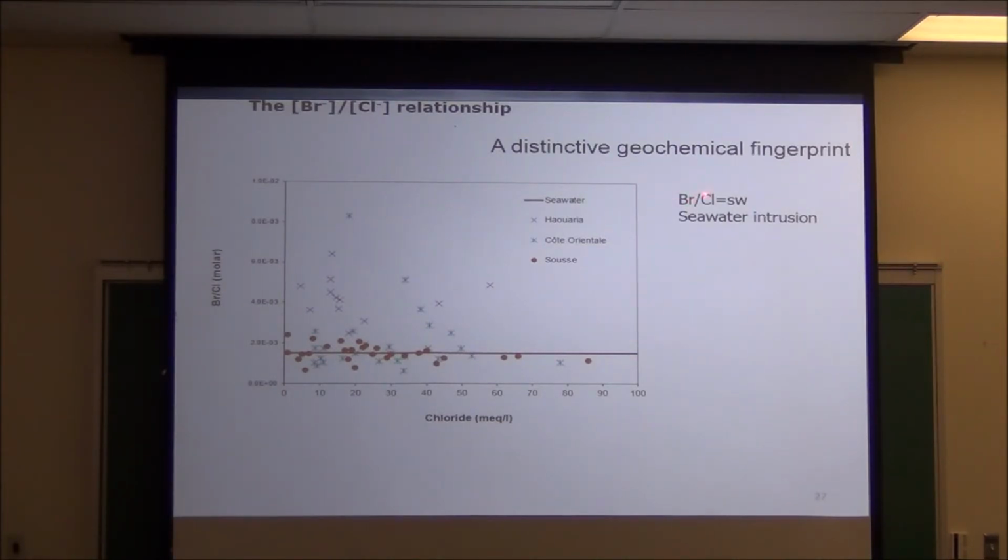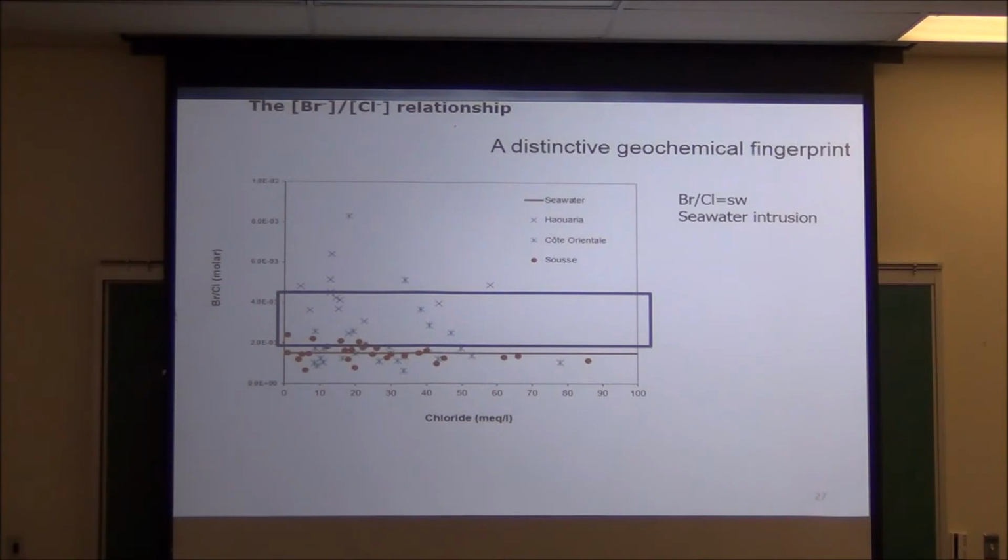The bromide ratio of samples equal to the seawater line are affected by the seawater intrusion, especially for the aquifer of Sousse and the oriental coastal aquifer.